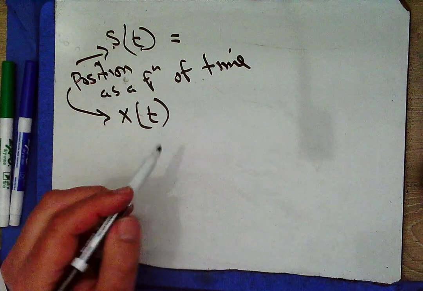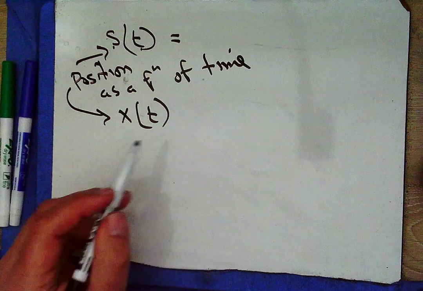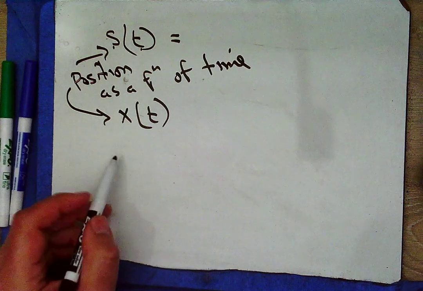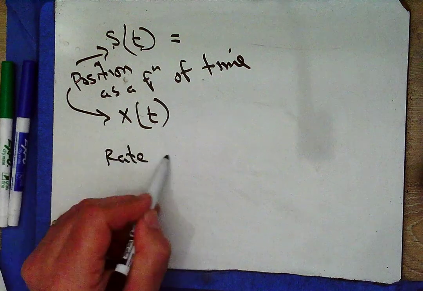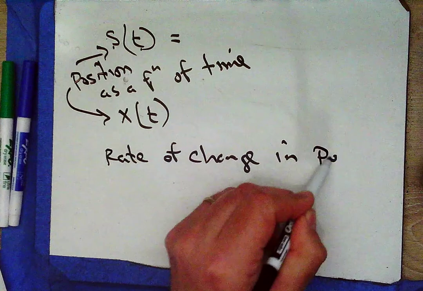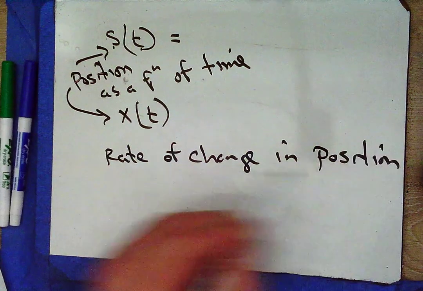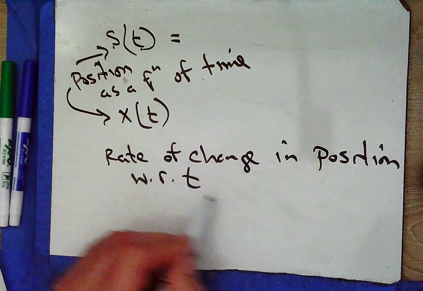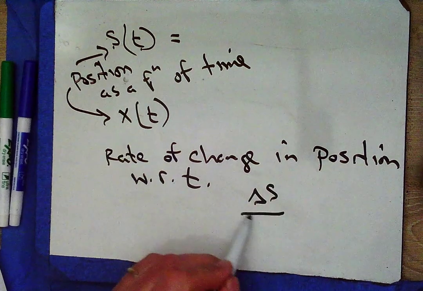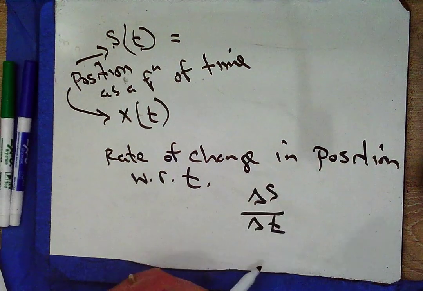Now, if I have a position function and I want to talk about the rate of change in position with respect to time, so it's a change in position over a change in time.